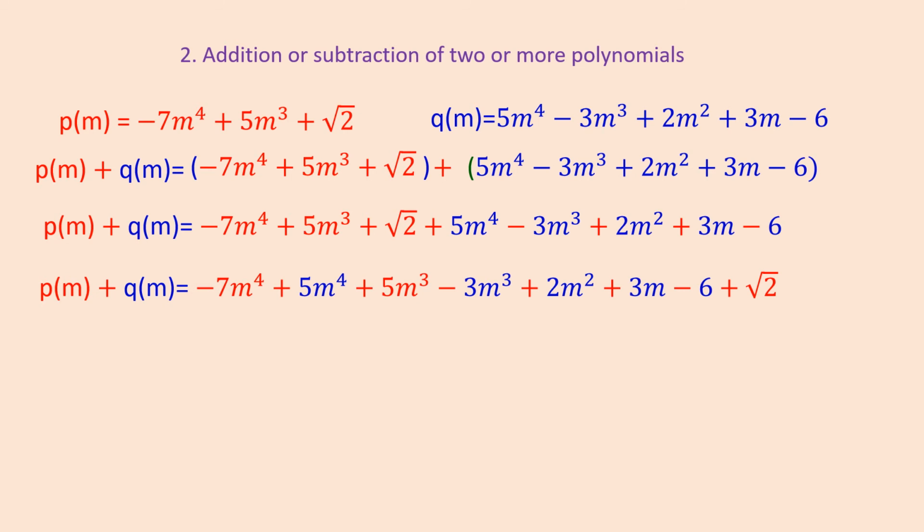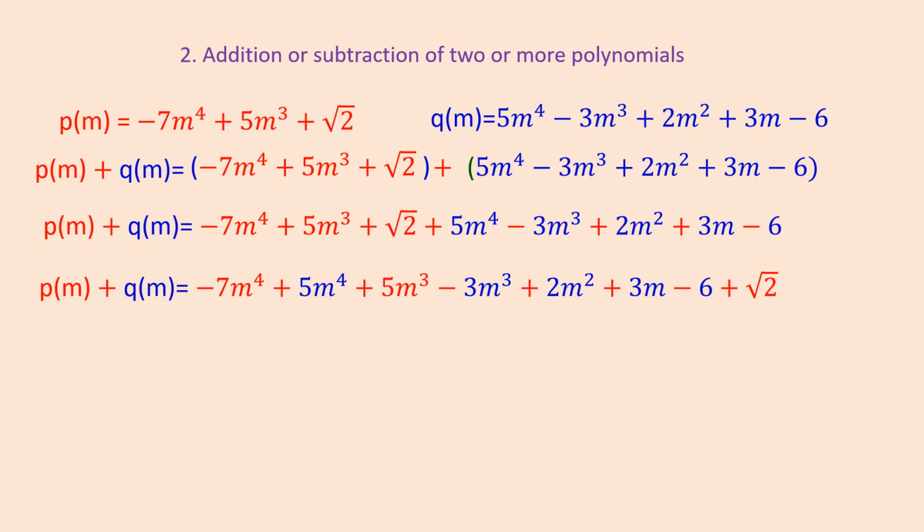When I open and arrange them, I have to start arranging them in descending order. So minus 7m raised to 4, and the second term is plus 5m raised to 4. Then plus 5m cube minus 3m cube. Then after the cube term we have the square term. With the red one we don't have it, but in the blue one we have, so we write down plus 2m square.